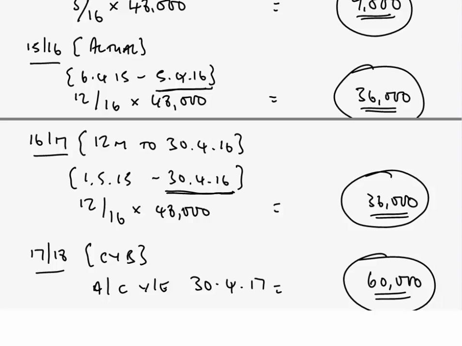And here the overlap, the extended overlap, has done you good, because in 16-17 we've been able to use that opening period of profit of 48,000 for one more assessment. We used it in the first year, we used it in the second year, and now we can use it again in the third year. And where we made 48,000 in 16 months, or in the previous example 45,000 in 15 months, we were making profit on average at a level of £3,000 a month.